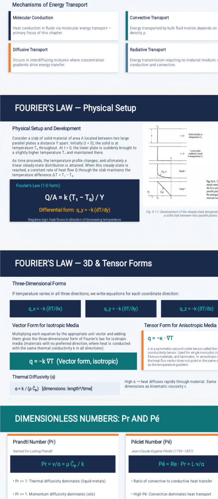Now in 3D form for Fourier's law, we can write from our above discussion qx as minus k del T by del x, qy as minus k del T by del y, and qz as minus k del T by del z. Combining all three, which will give us q equals minus k gradient of T. This is the vector form or the isotropic form.